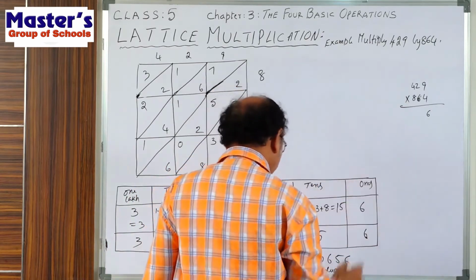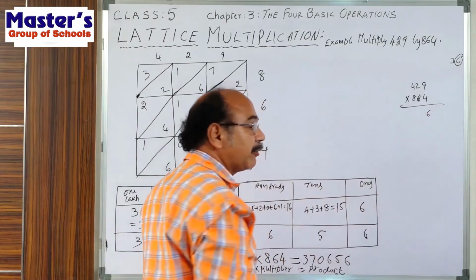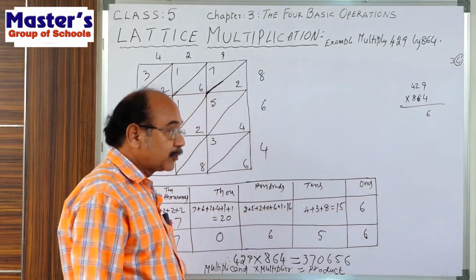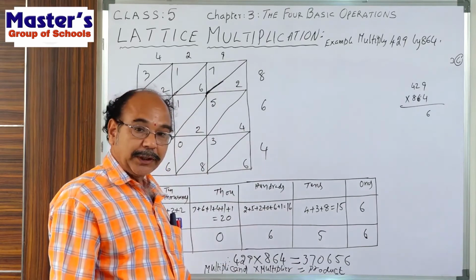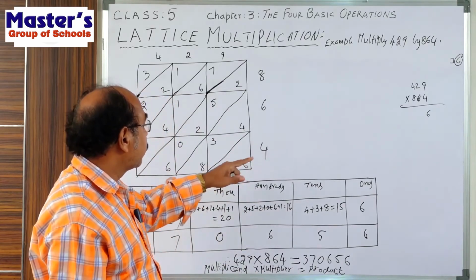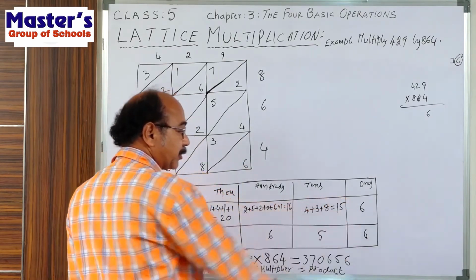That's why here you are getting 6 in the ones place. That's why the ones place is filled by 6. Okay, students. That's why here 6. Next, in the table you see 1 6.